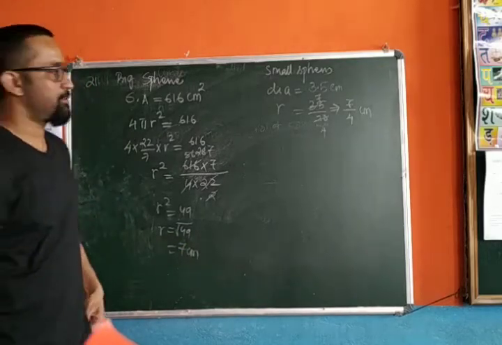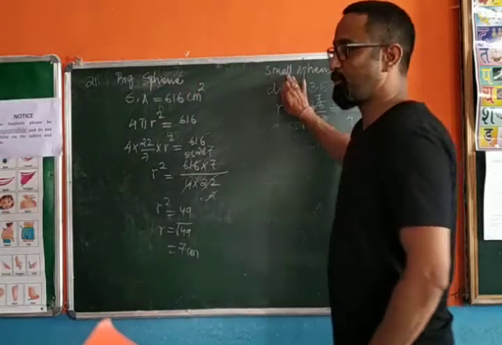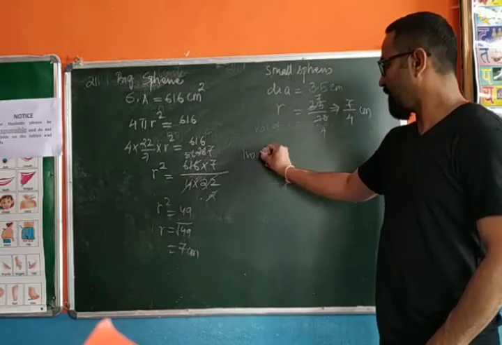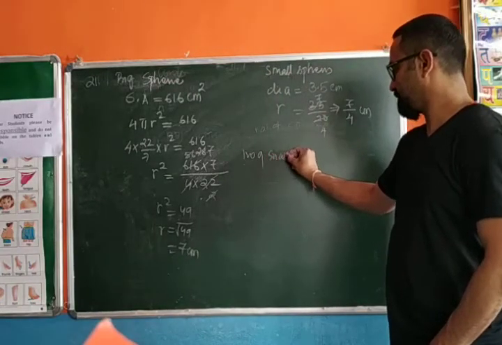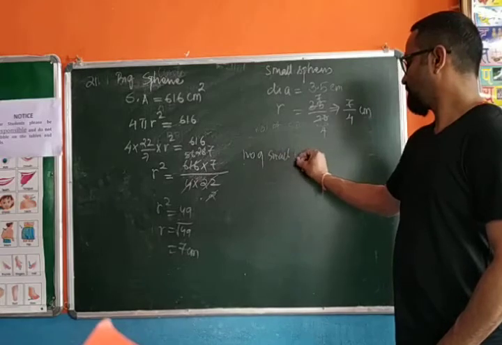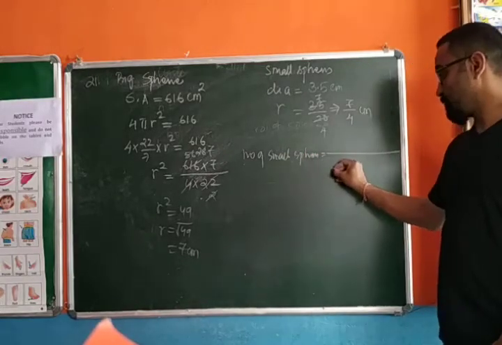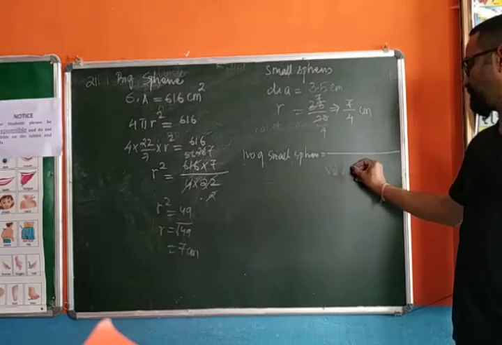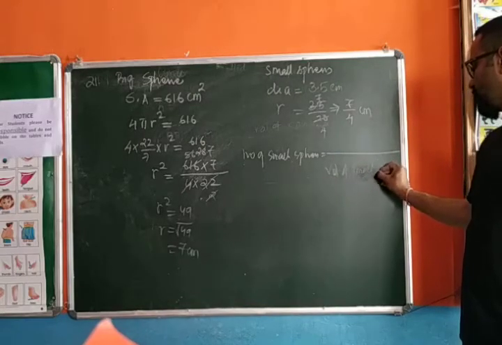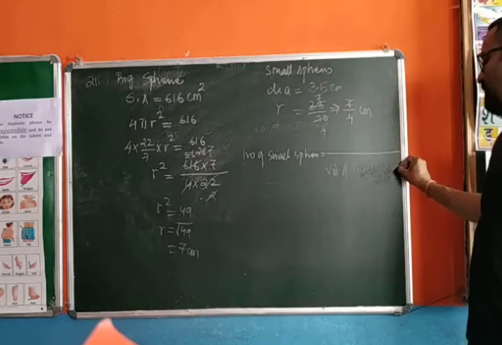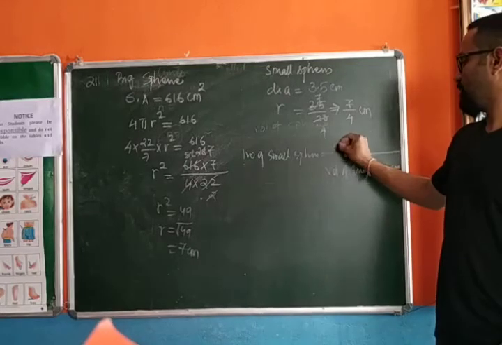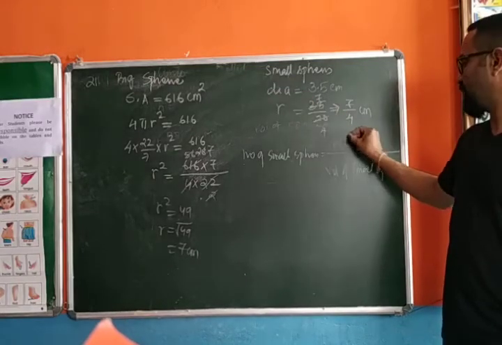You know the radius. You have to calculate the number of small spheres. The volume of the small sphere, you write at the numerator. The next solid is the volume of the big sphere.